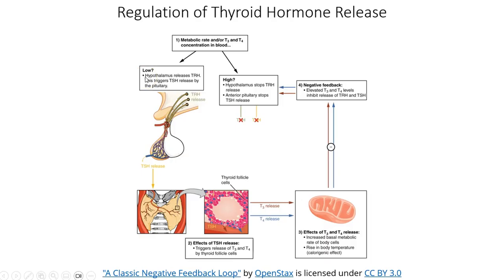So the hypothalamus is going to release that thyroid releasing hormone, which is going to trigger the anterior pituitary gland to release that thyroid stimulating hormone, the TSH. That is going to act on the actual thyroid follicle cells there to release T3 and T4. And those T3 and T4 hormones are going to bind to those proteins and get to their target cells.